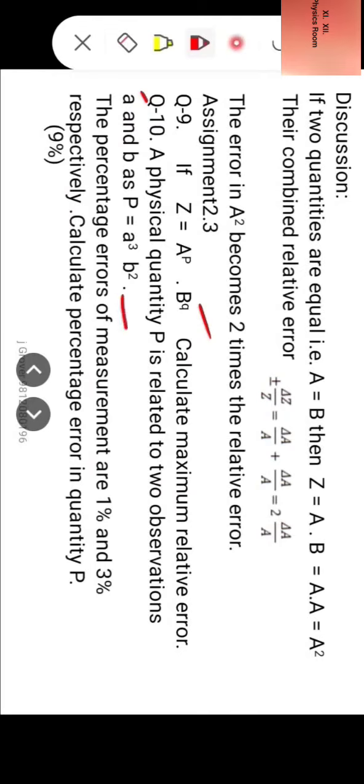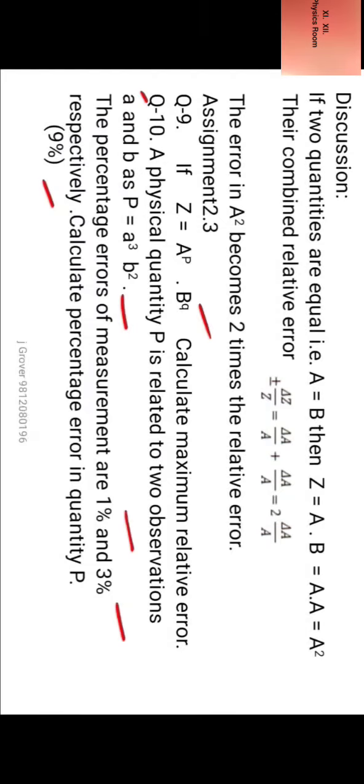The percentage errors of measurement are 1% and 3% respectively. Calculate the percentage error in quantity P and it would be equal to 9%. I hope you can crack these two problems on the basis of the text that you have learned.